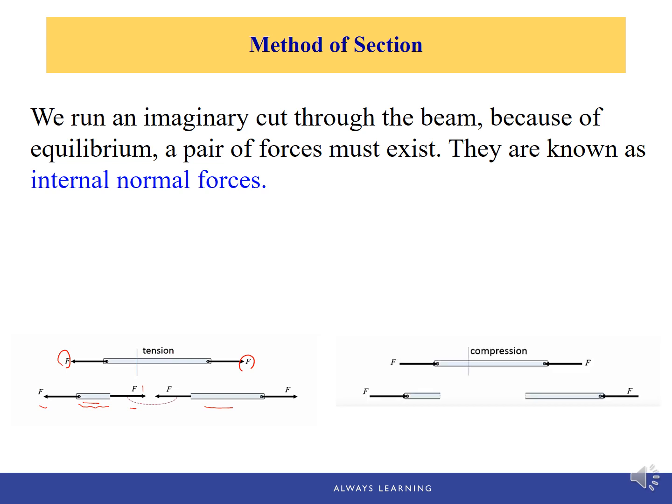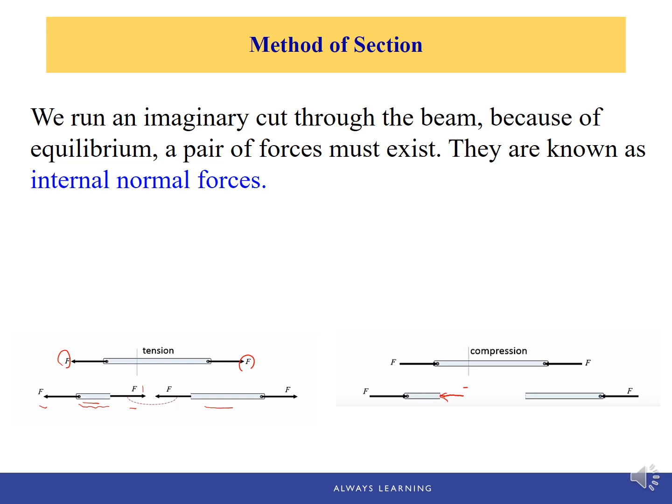And if the member is originally subjected to compression, with parallel forces pushing into both ends, we run an imaginary cut through the member at any location. Again, the internal force will be exposed as external.